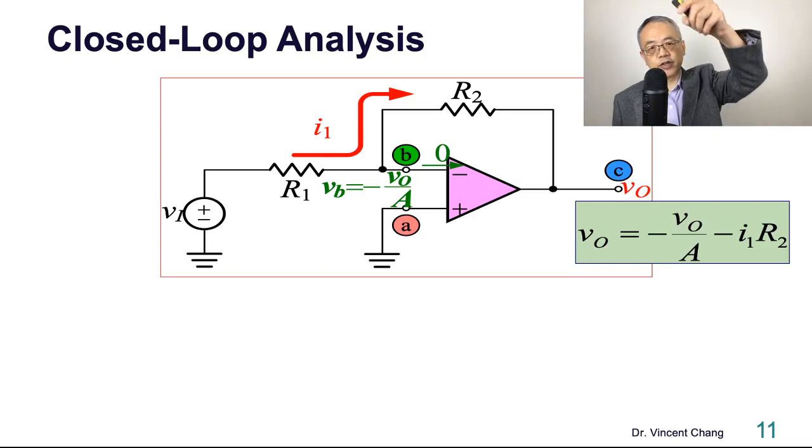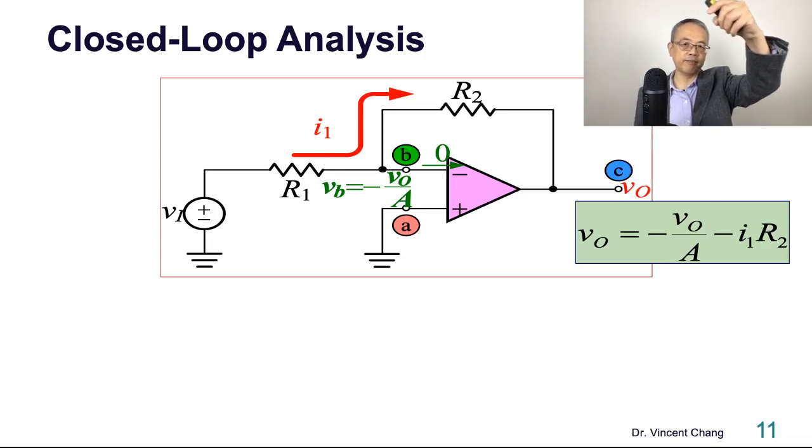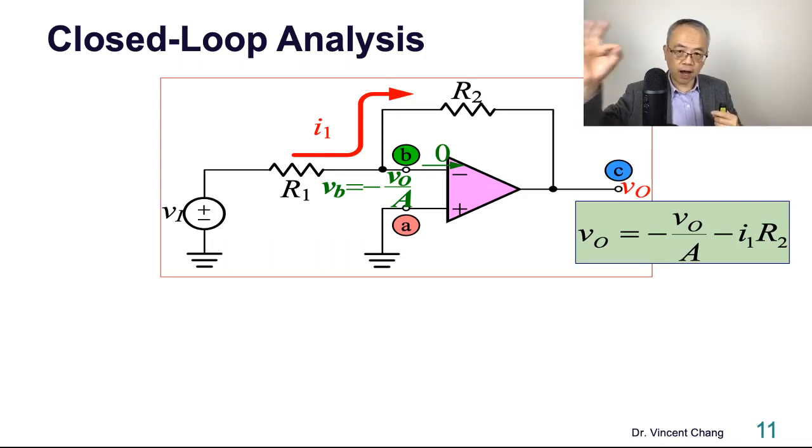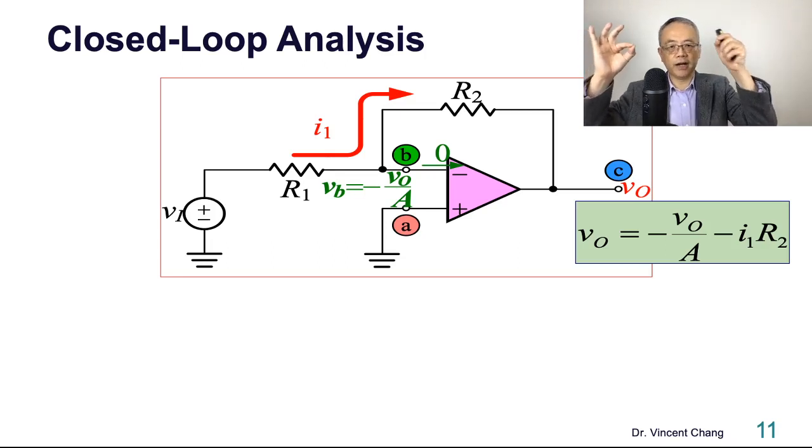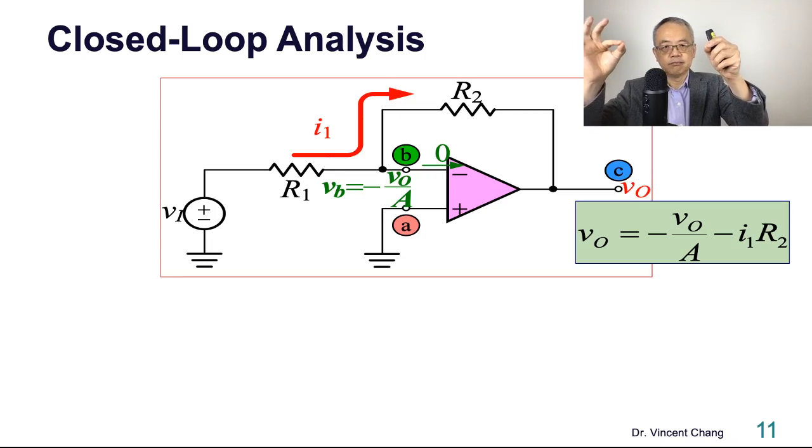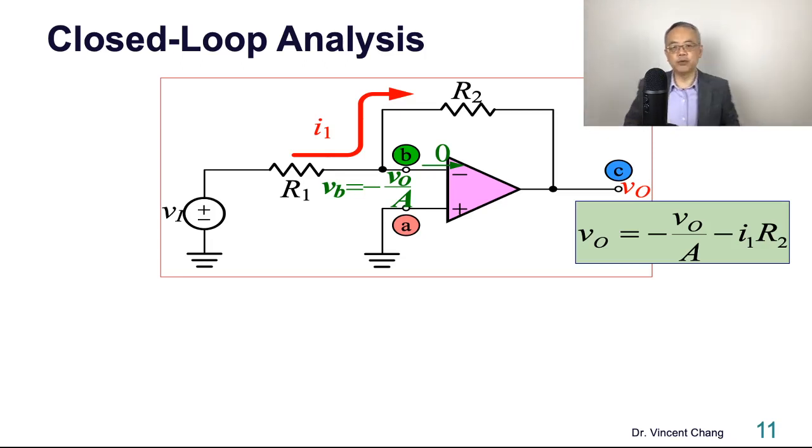You can get the current I1. The current I1 will be VI minus VB, divided by R1. Therefore, the output voltage VO will equal the inverting terminal voltage VB minus the drop, deducting I1 times R2.